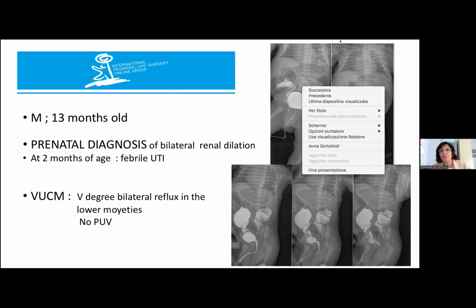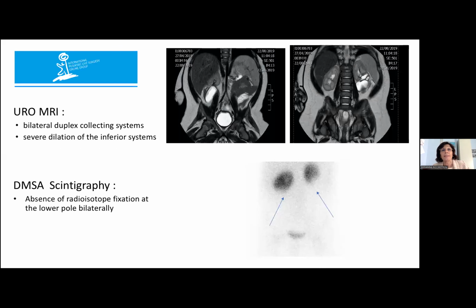Then we moved to other investigations, such as an MRI, which is now the gold standard to study this complex uropathy. And as you can see, there is almost no parenchyma in the lower pole, and a good parenchyma in the upper pole bilaterally.